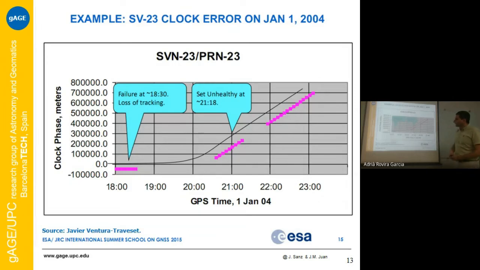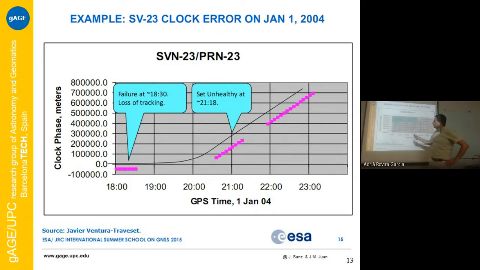Okay, this is this particular event. We can see the clock. Typically, these clocks are very stable, and here we can see this enormous drift. You can see the meters. We can see the very big bias with respect to the GPS time. And then we can see that it took almost 3 hours, 2 hours 3/4, to set it unhealthy.